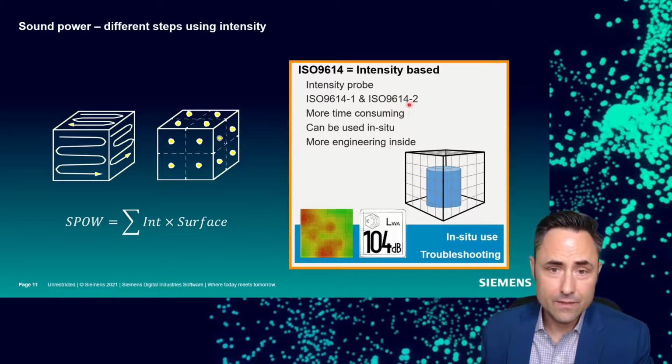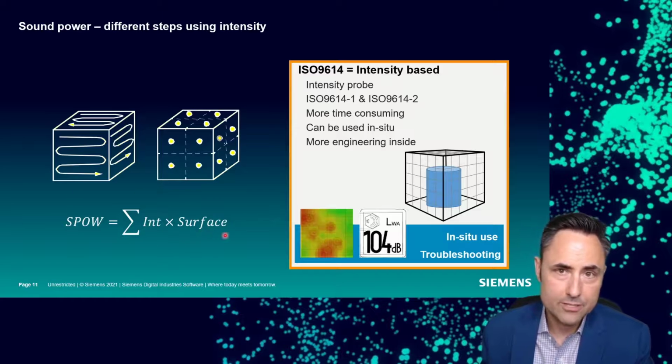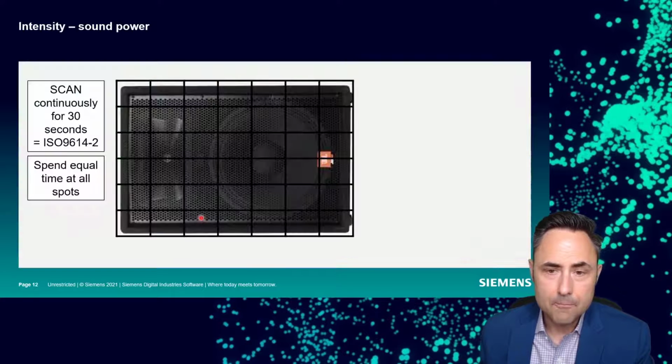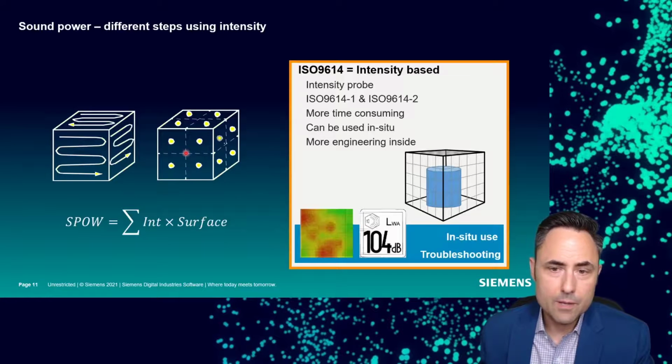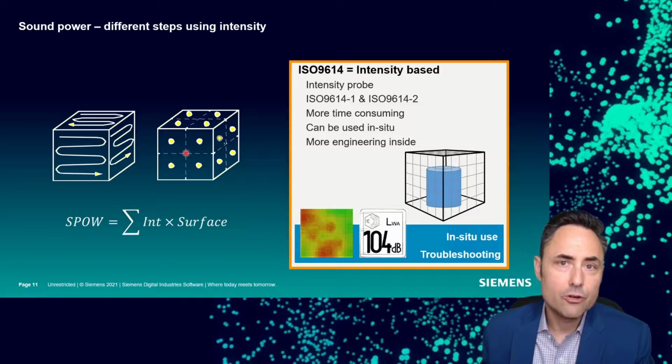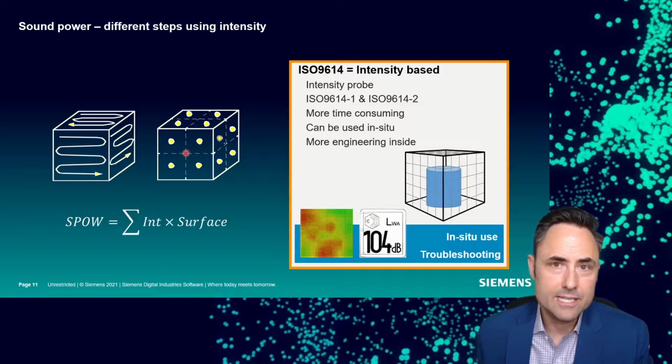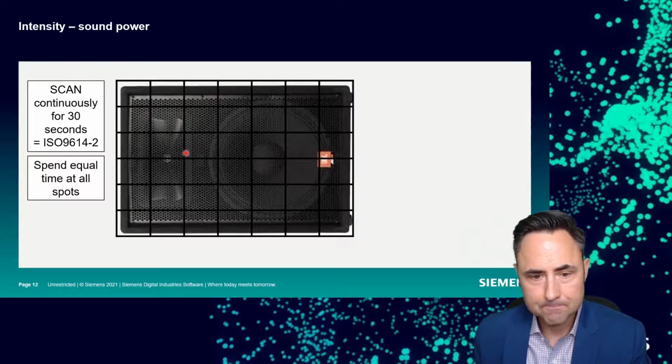The difference between these is that one is known as the scanning method, and one is known as the point-by-point method. They'll both allow you to get to the sound power by summing up your intensity and multiplying by the surface area. But the point-by-point method is going to give us a little bit more information. Let's take a look at an example and see how this works.